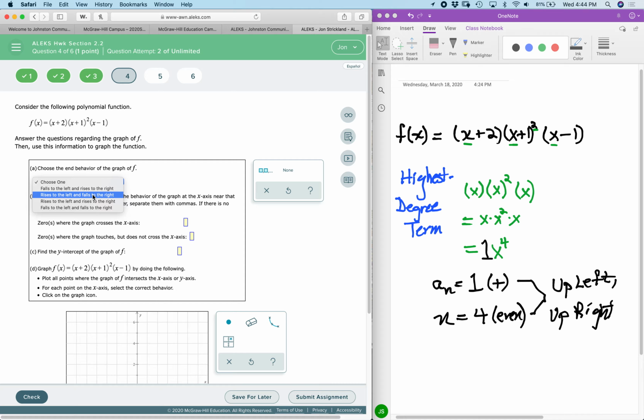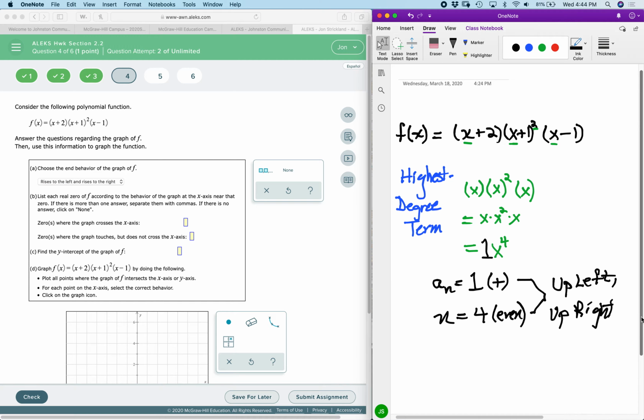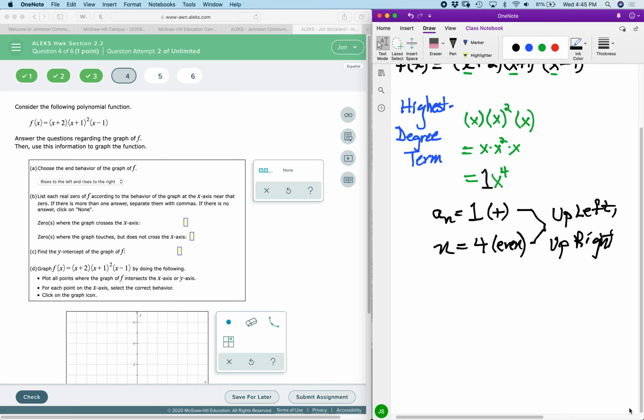Since we have up at both ends, this means we'll have rises to the left and rises to the right. Again, you have up to the left, up to the right.